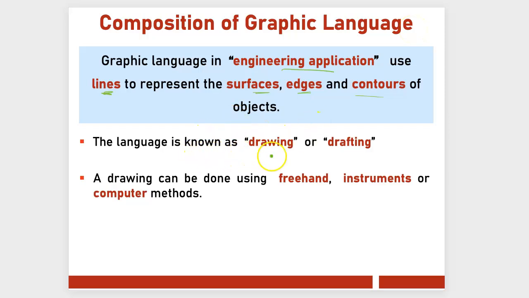So this language is known as drawing or drafting. A drawing can be done using freehand, instruments, or computer methods. Freehand is just sketching. Instrument is using the protractor and jangka lukis, I don't know in English, and rulers. And for computer methods you use AutoCAD or SolidWorks.